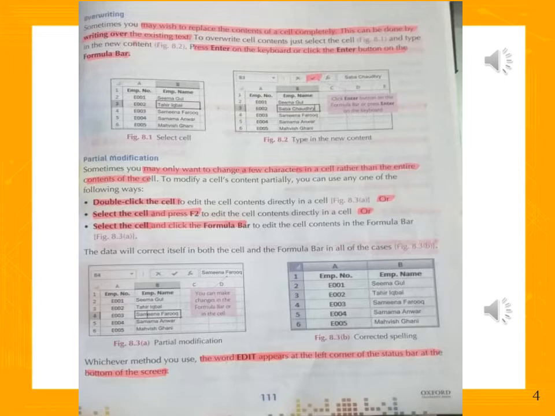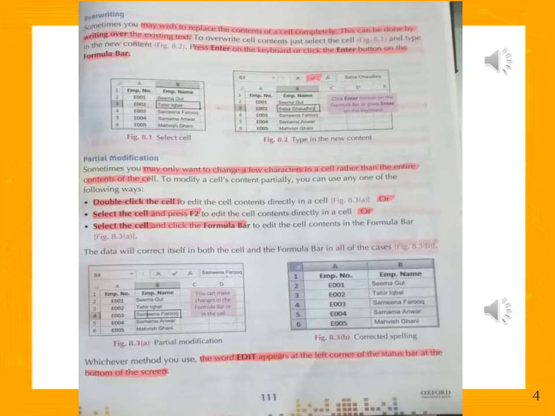Now partial modification. Sometimes you may only want to change a few characters in a cell rather than the entire content of the cell. To modify cell content partially, you can use any one of the following ways. There are 3 ways you can use any one. Double click the cell to edit the cell content directly in the cell, or select the cell and press F2 key.